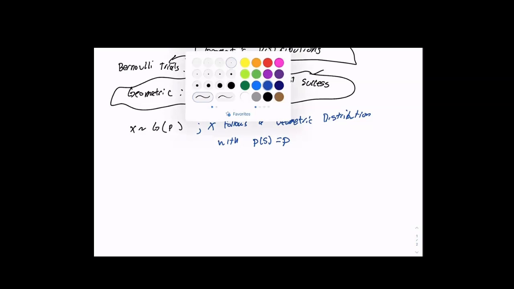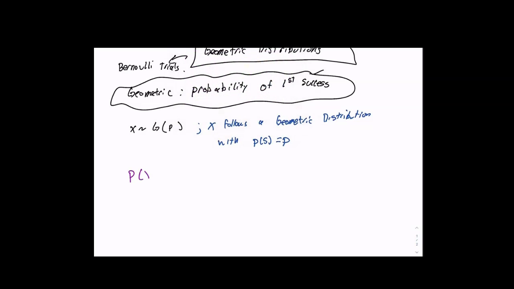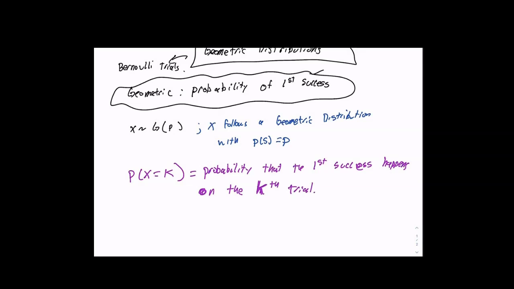So if X follows a geometric distribution, then when I say the probability that X equals K, this stands for the probability that the first success happens on the Kth trial. I know there's a lot right here.